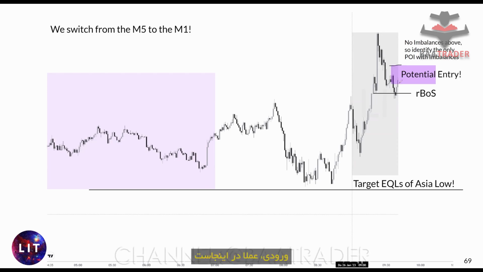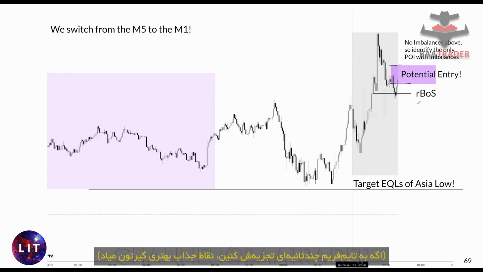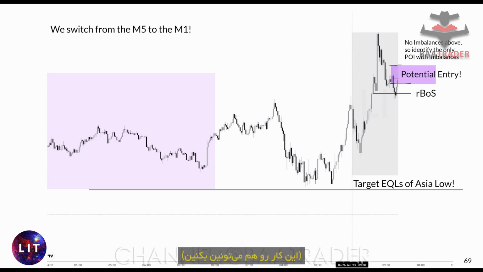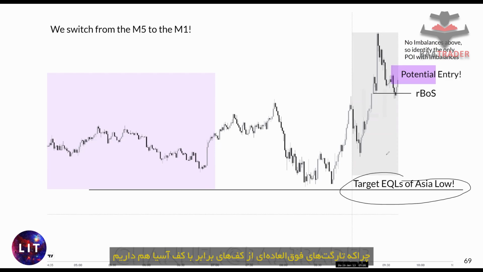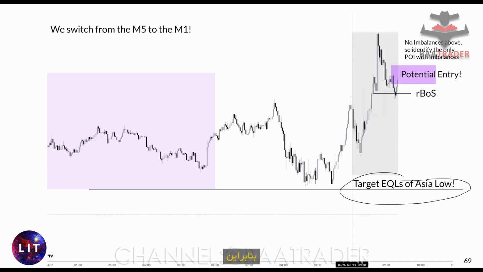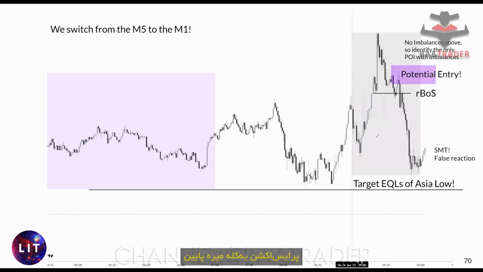Target or entry technically is in here. If you want to break it down even to the seconds to get better points of interest, you also can do that. But technically, this play looks very, very good, as we have perfect targets with the equal lows of Asia low as well. So, surprise, surprise, price action tubes down, giving a very nice play.